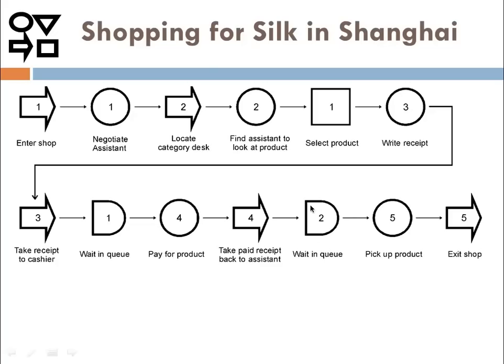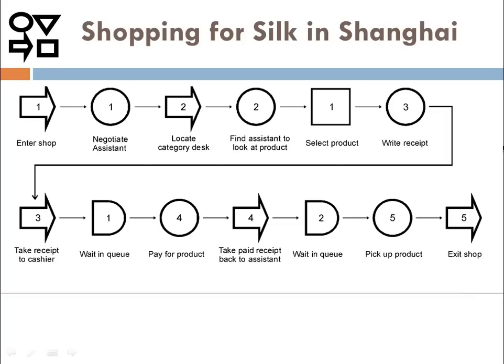Maybe it is possible to reduce the waiting for the second time. Maybe it is possible to reduce 2 kinds of operations in this process. So we need to look at this process innovatively and come at an experience that gives the shopper more delight.